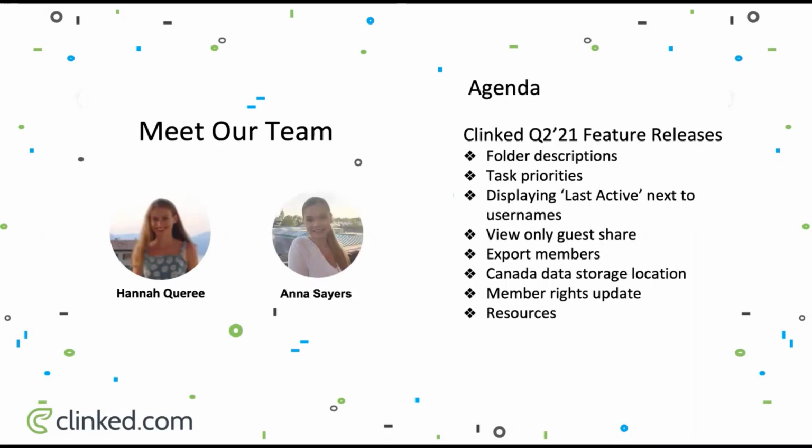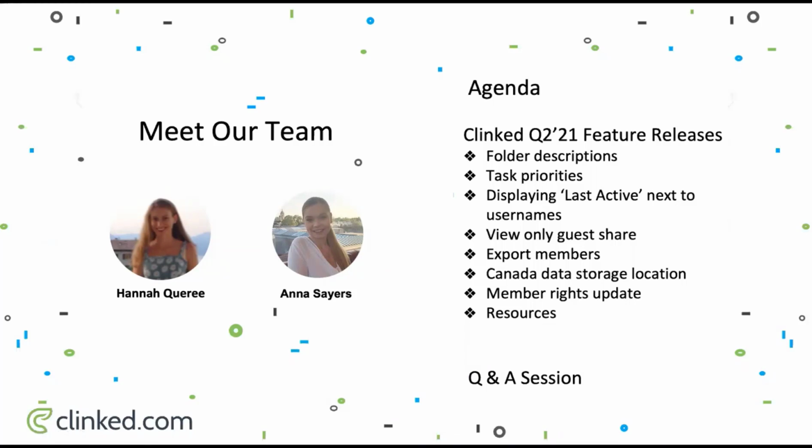And on the agenda for today, we've got Clinked Q2'21 feature releases. These include folder descriptions, task priorities, displaying last active next to usernames, a new update on the guest share, some new options for exporting members, and also a new data storage location, as well as some member rights updates.